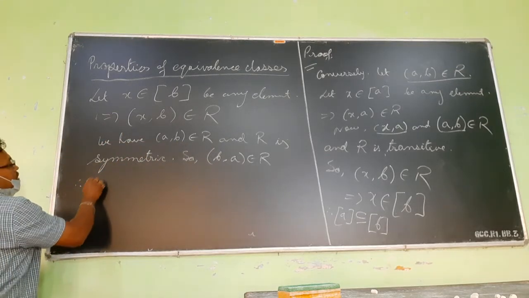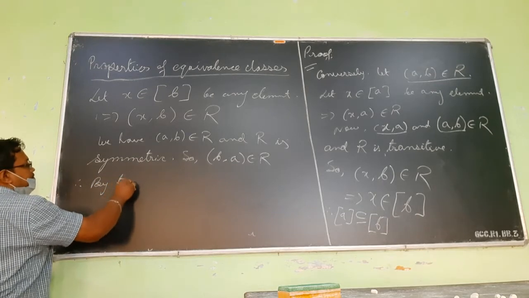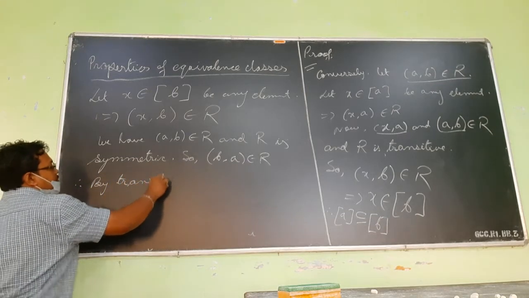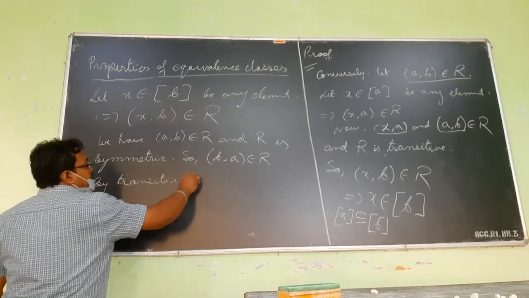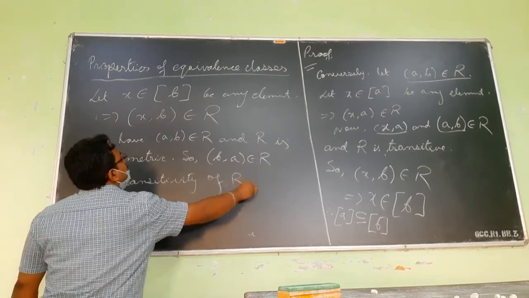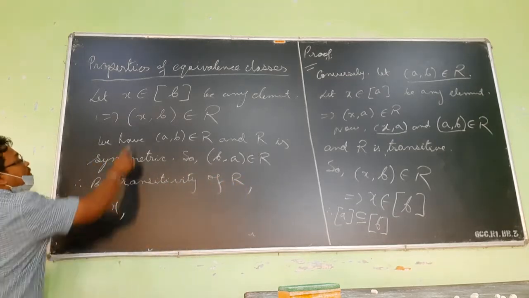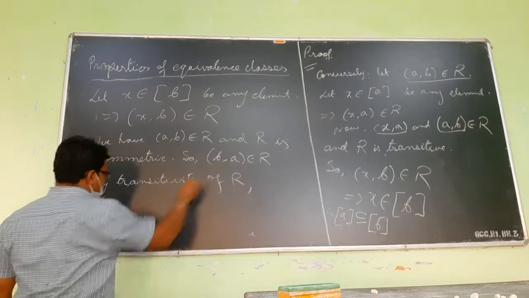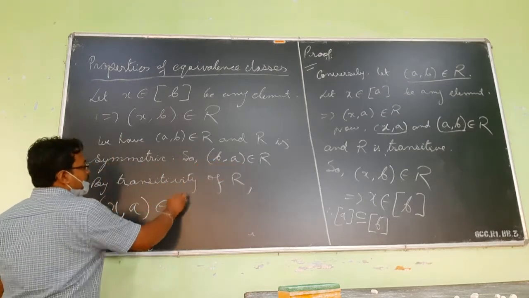Therefore, by transitivity of R, we have (x, b) and (b, a), so (x, a) will be in R.